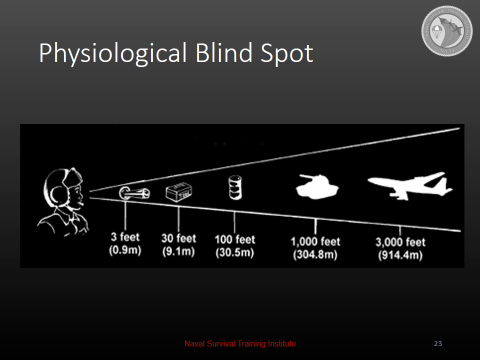So if you just take one look in that direction, you might not see it. But sticking to a methodical scan where you're moving your eyes across that visual field, you're more likely to actually pick up that object once that image is projected onto the periphery of your eye, and those rods can work for you.